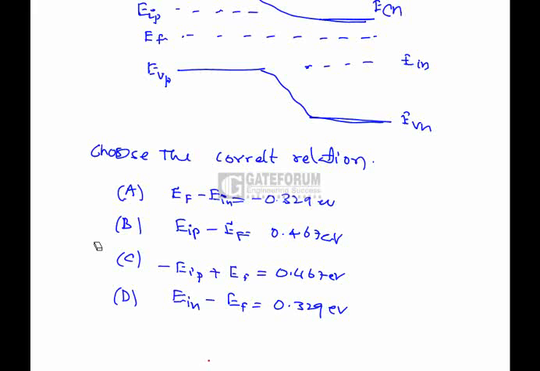The question is an abrupt silicon PN junction has Na equal to 10 power 18 per cubic centimeter on one side, and Nd equal to 5 into 10 power 15 per cubic centimeter, at room temperature. We know that EF minus EiN is a positive number, kT natural logarithm of Nd by Ni, which equals 0.329 electron volt.